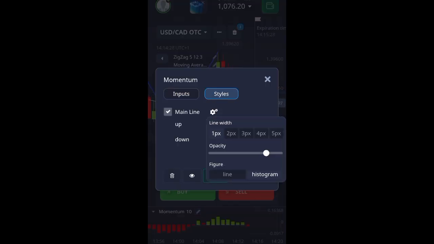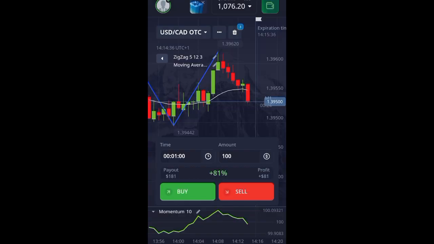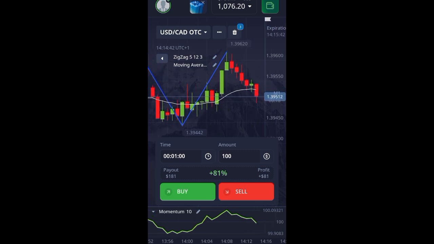And okay, we'll be fixing up the momentum, and for the momentum I'll just be changing it to 2 pixel and switching from histogram to line, and I would save. And that is that, we have this strategy all set up for success.